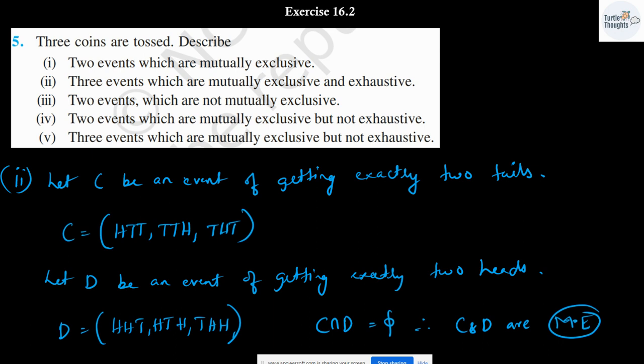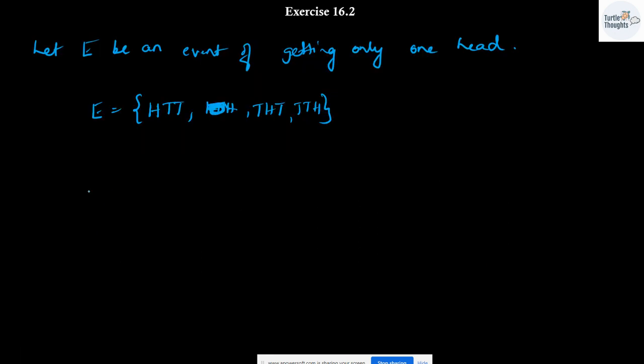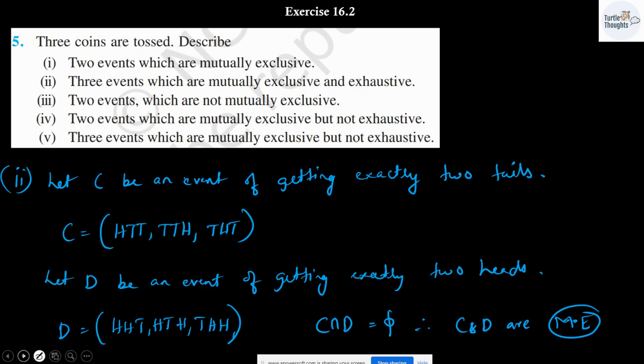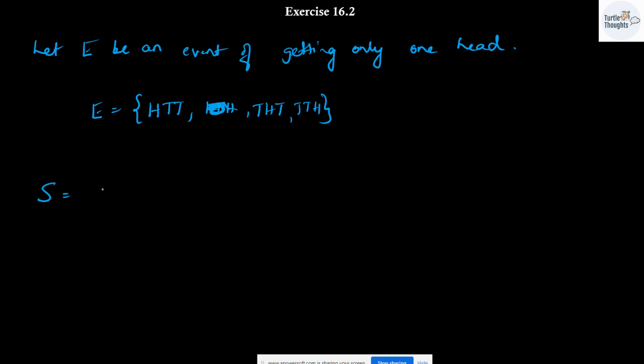Mutually exclusive events. Then you can write mutually exhaustive events. For mutually exhaustive events, you have to consider all of them. So I can write S will be the union of all of them, C union D union E, which is going to be your S, the sample space itself.